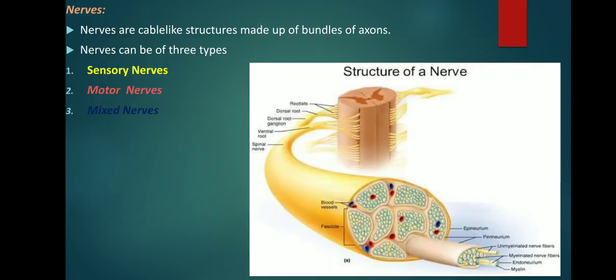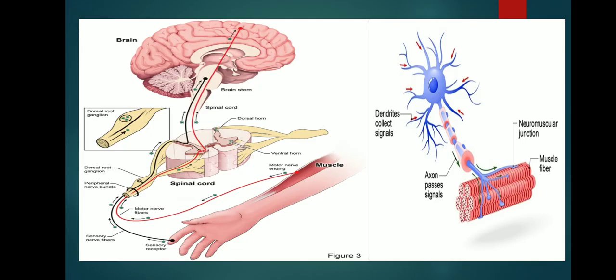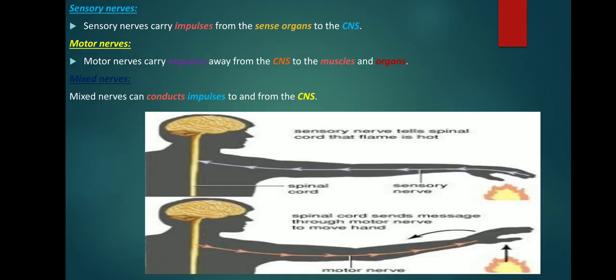Now move on to nerves. A nerve is a cable-like structure made up of bundles of axons. Nerves can be of three types: sensory nerve, motor nerve, and mixed nerve.